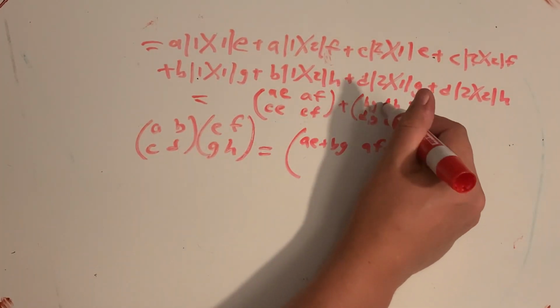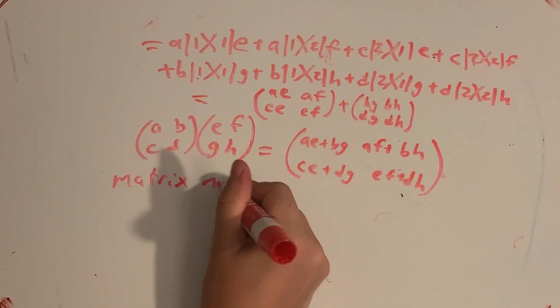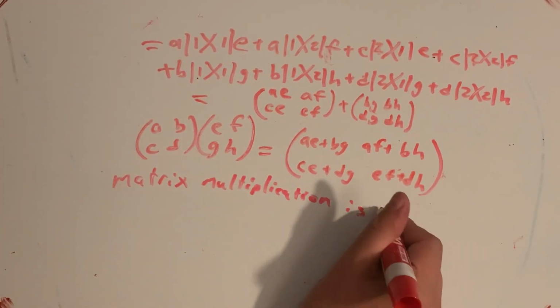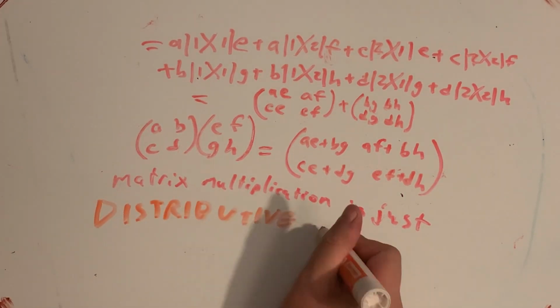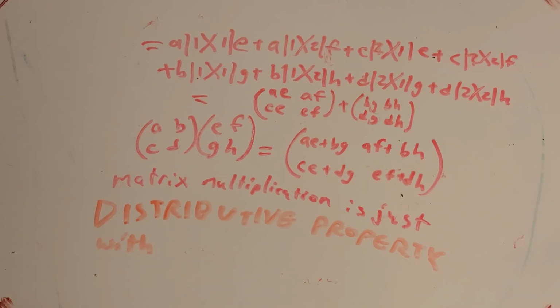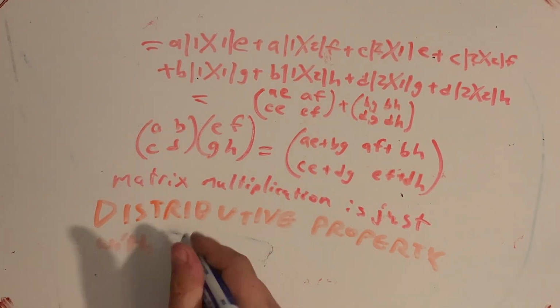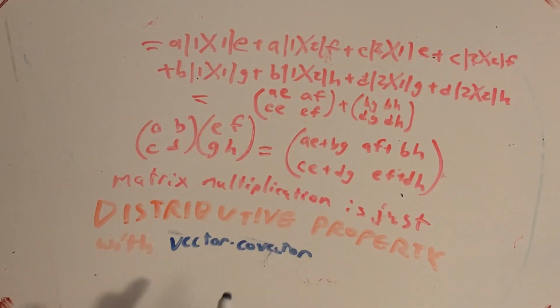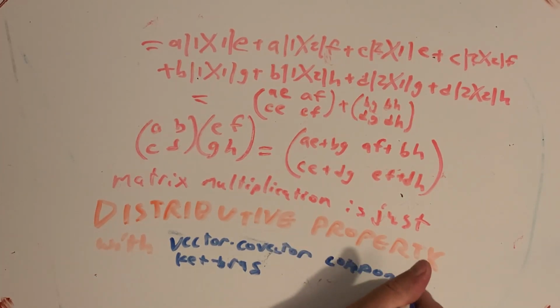And this ends up with AE plus BG, AF plus BH, CE plus DG, and CF plus DH. And the point I want to stress here is just that matrix multiplication is just the distributive property with these ket bras, or also vector covector products, or sums of ket bras at least.